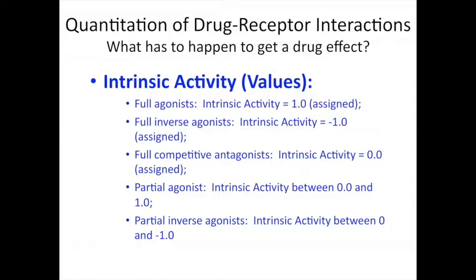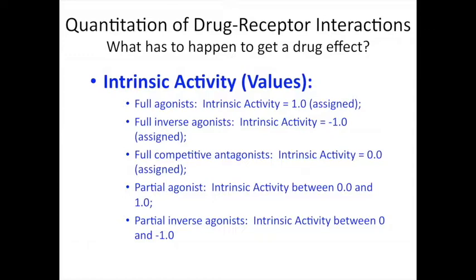If you're looking at a single receptor and a single drug molecule, after it binds, if it converts that receptor, or if it converts all the receptors to the active state, that is a full agonist that has an intrinsic activity of 1. We've already talked about what a full agonist is, and now we're saying that if a compound is a full agonist at that receptor, it will have an intrinsic activity of 1.